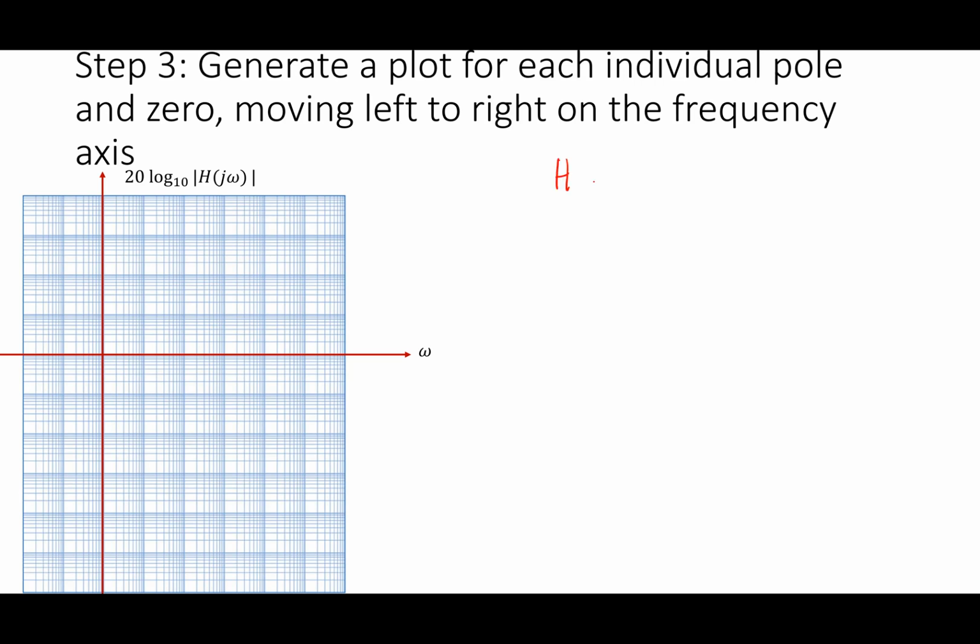H of S is equal to 10s plus 1, s over 100 plus 1, s squared. There's a negative sign here, and s over 2000 plus 1.